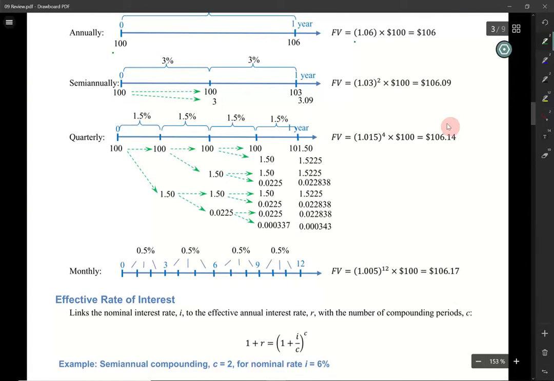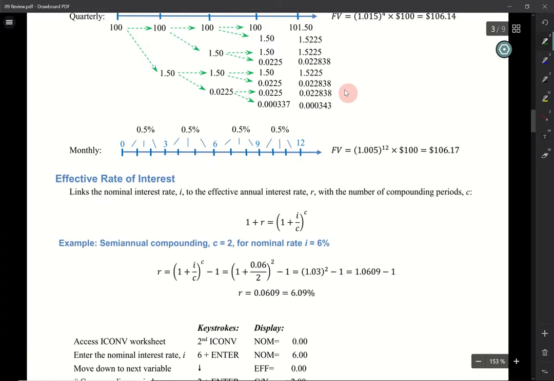What's the difference between, say, 6.1% annual versus 6% semi-annual? Which one should I choose?